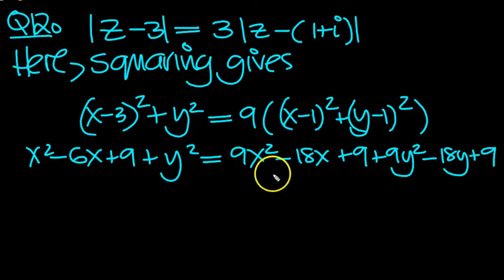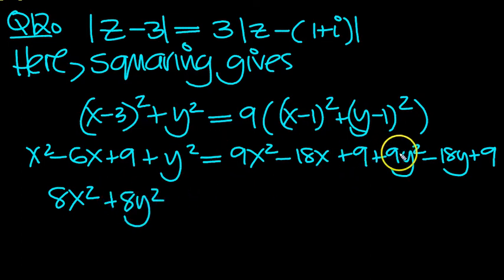Bring everything onto one side then, the x squareds. So move this x squared over to be here and read from right to left. That's going to be take away 1, so you're left with 8 lots of x squared. Then the y squareds, take away 9, take away 1 is 8y squared. Now I'm writing it down from right to left. Then the x's, we've got minus 18, move this over here, becomes plus 6x, minus 18 plus 6 is minus 12x.